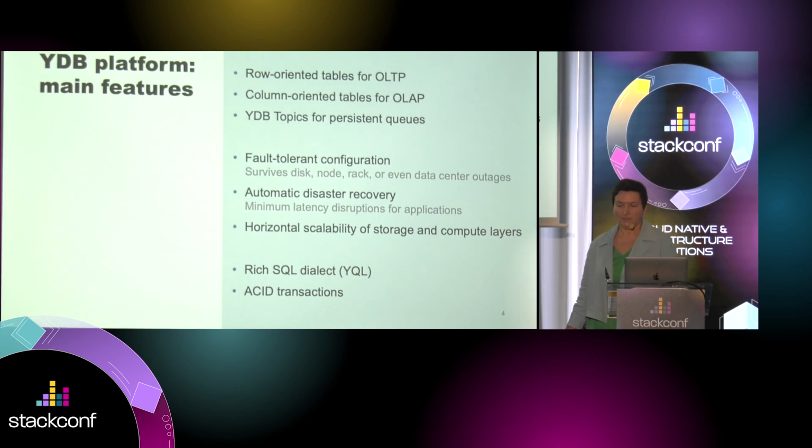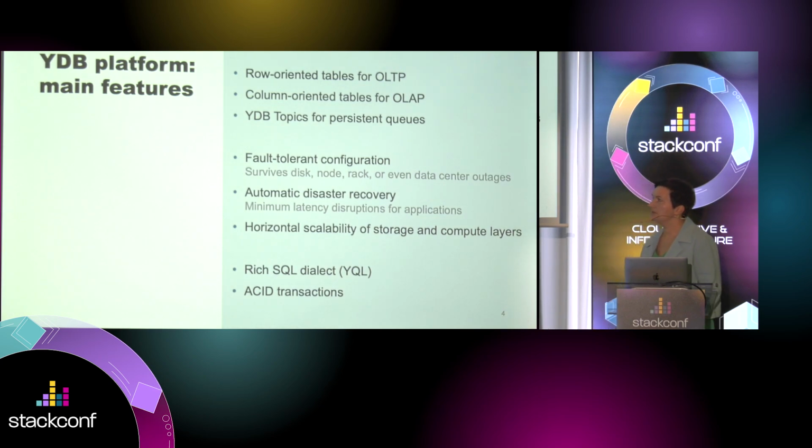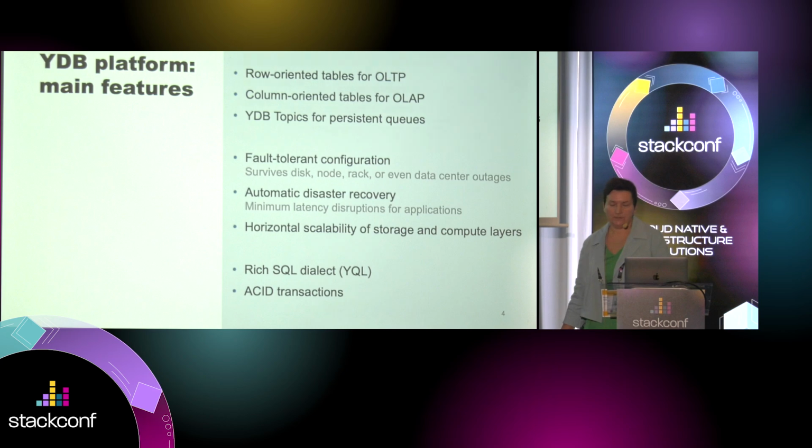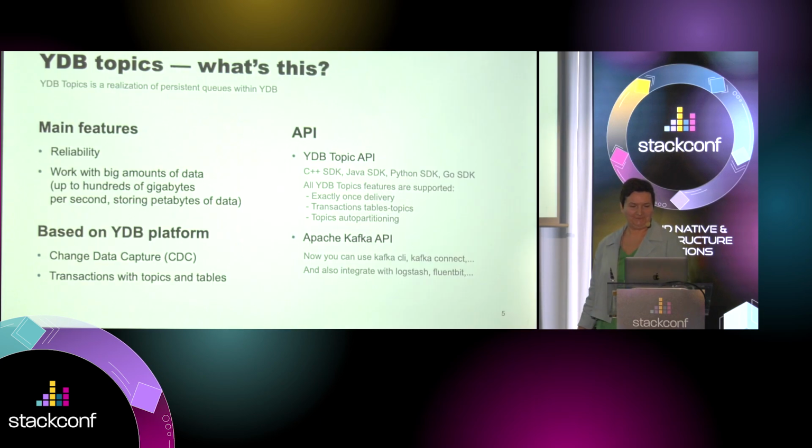And you can operate with your data and schema with our rich SQL dialect YQL, and we have ACID transactions. Of course, YDB has had transactions with tables before, and recently we added a possibility to have topics within the same transactions with tables. And this is the main topic of my talk today.